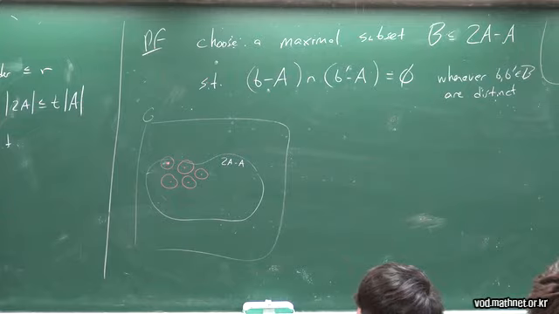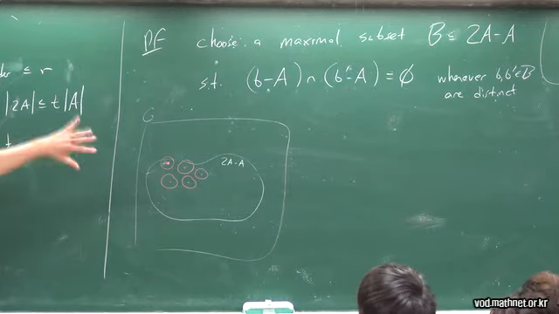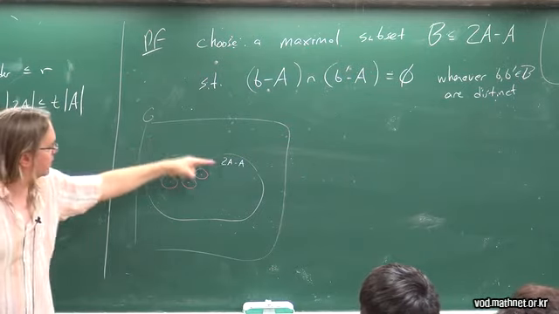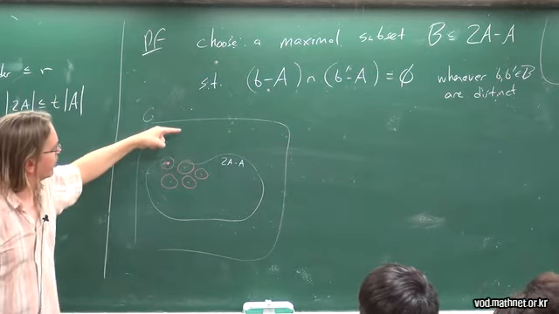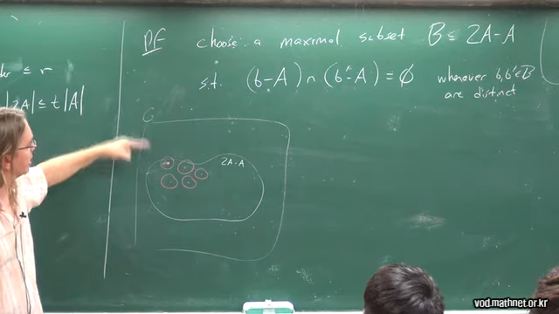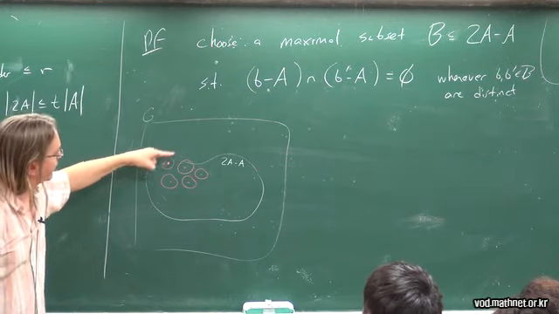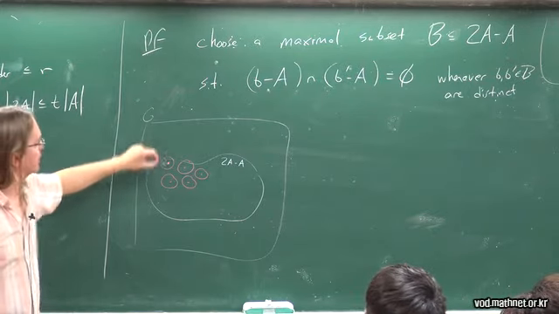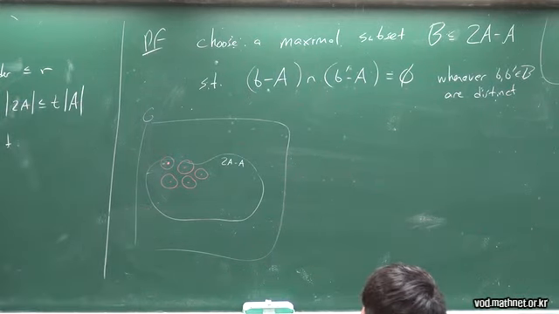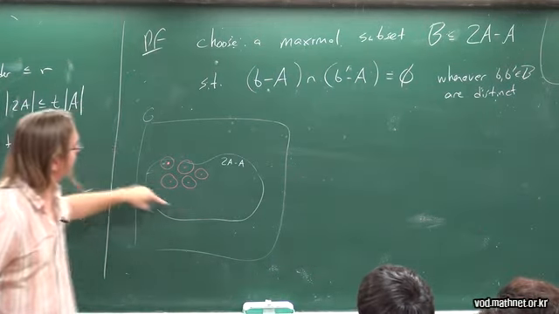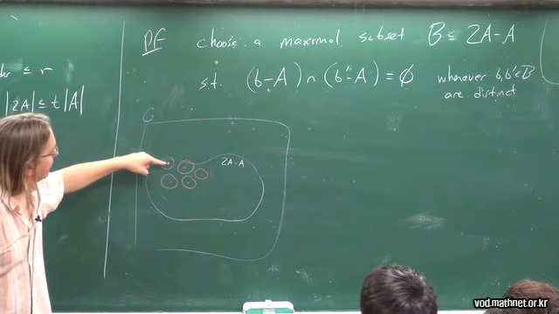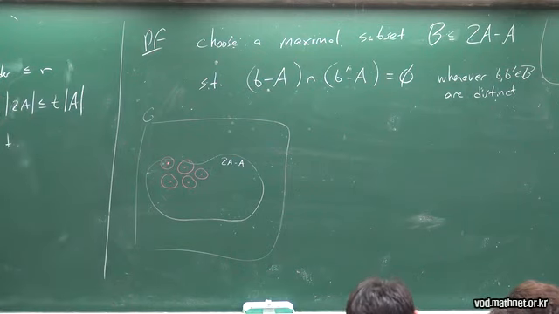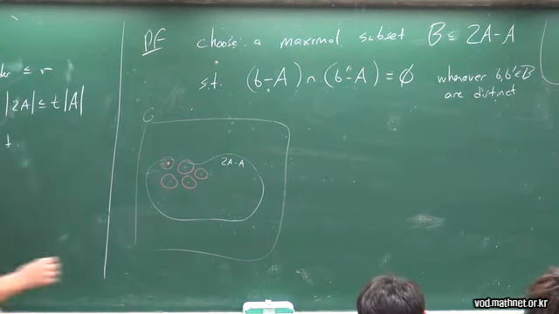Conceivably you could make this sound more like a ball packing argument by drawing a graph where the vertices are elements in G, and you have an edge from one vertex to another if you can get from here to there by subtracting something in A. Then you'd be picking a bunch of vertices in this graph, all contained in this set, with the property that if you take each vertex together with its out-neighborhood, all those sets are disjoint.